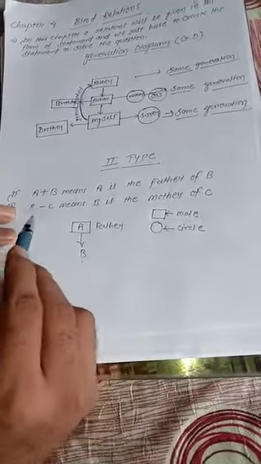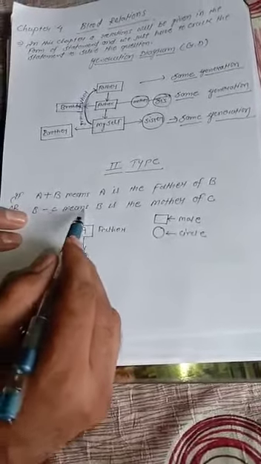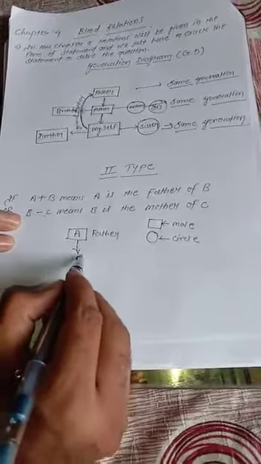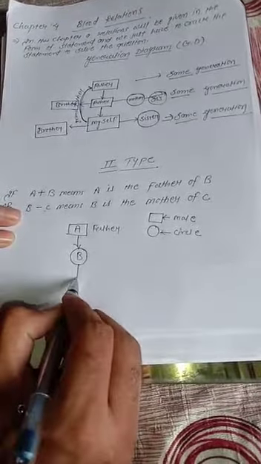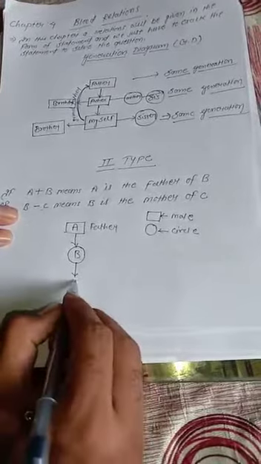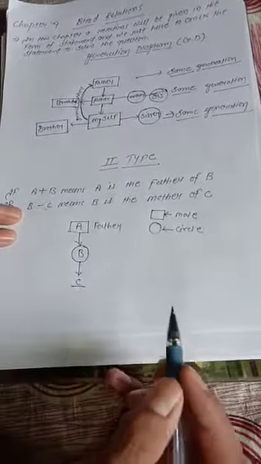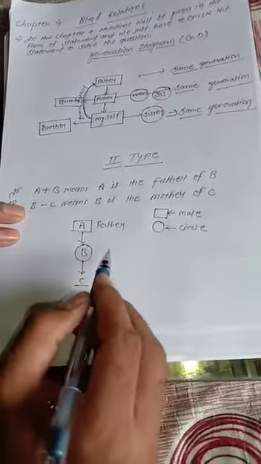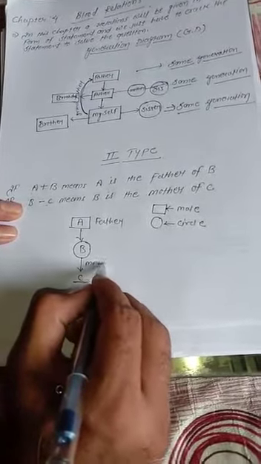Now come to the next statement. It says that b minus c means b is the mother of c. Now here it is defined that b is a female because b is the mother of c. Now the gender of c is not defined yet, but with the help of such a diagram questions can be asked. She is the mother of c.